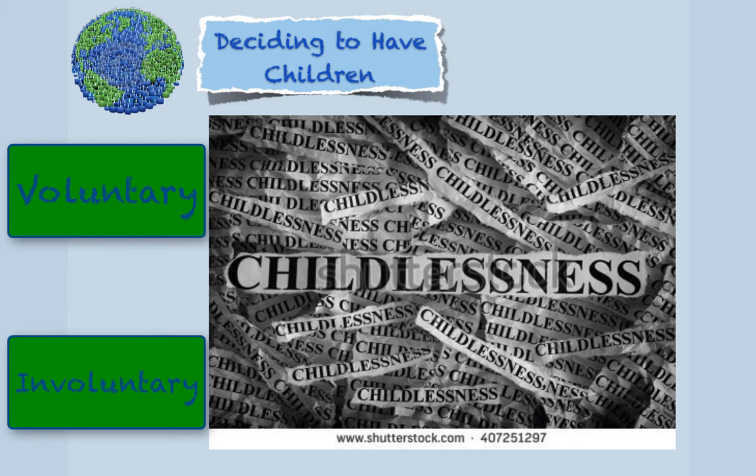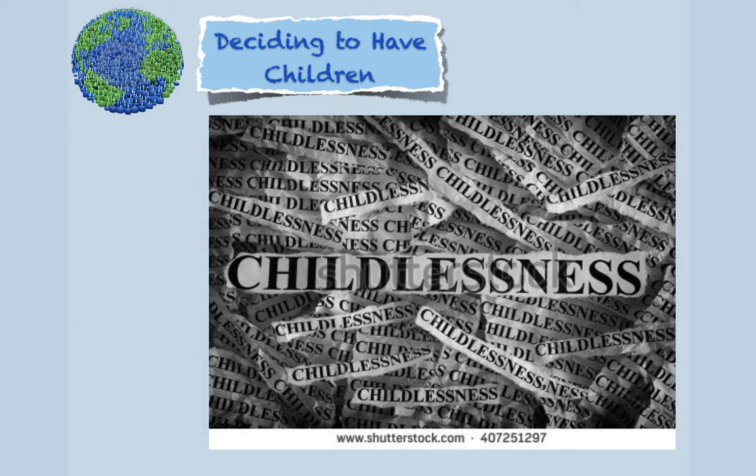Involuntary childlessness is related to infertility, not being able to achieve pregnancy in one's own lifetime, whether because of low sperm count in men or women not producing viable eggs.